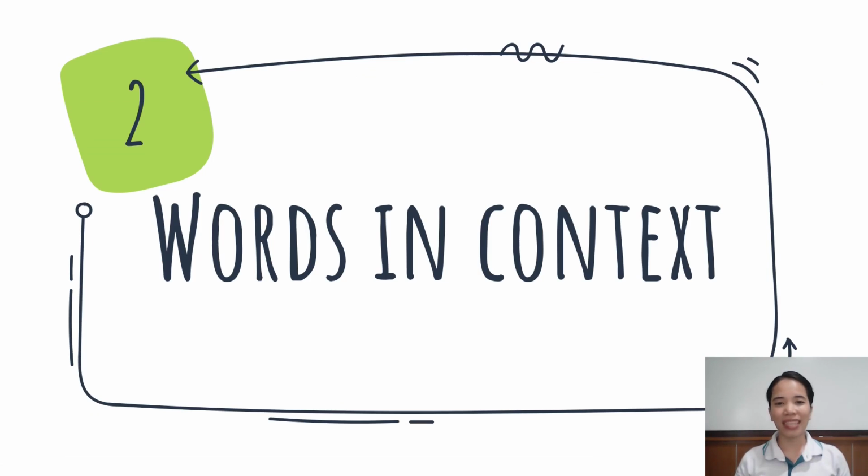This time, let's check your understanding with the 12 vocabularies. You can pause the video to read the passage and answer the 12 items. Fill in the blanks with the correct words in a context. Good luck, students!